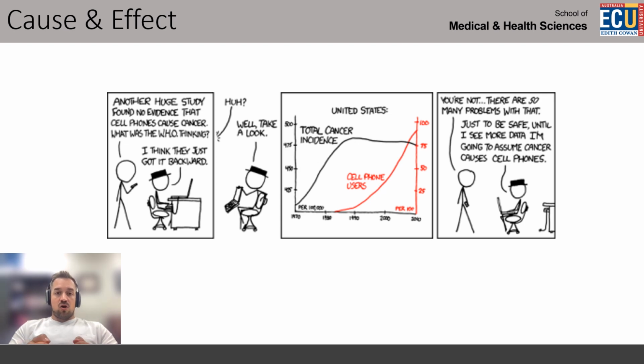And causation, on the other hand, is a relationship between one event, the cause, and the second event, the effect, where the second event is understood as the consequence of the first. And causation implies that a change in one variable directly causes a change in the other variable. I hope this made somewhat sense.